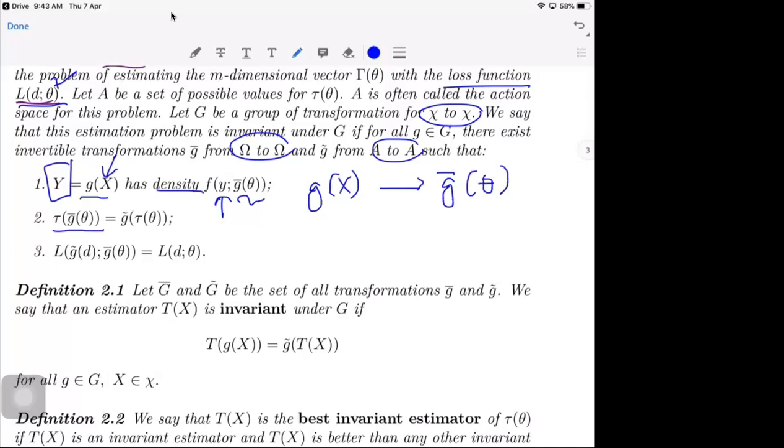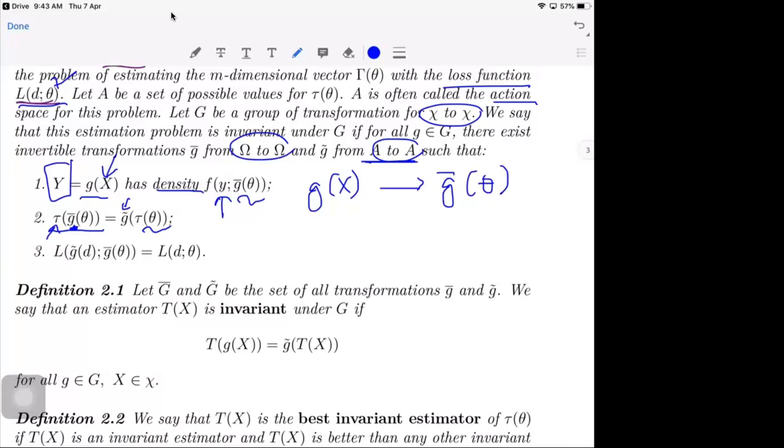Also, if you apply a transformation tau on your parameter space by this group of transformations G bar, then that is just equal to applying a transformation G tilde on the set A, the action space, at tau of theta.